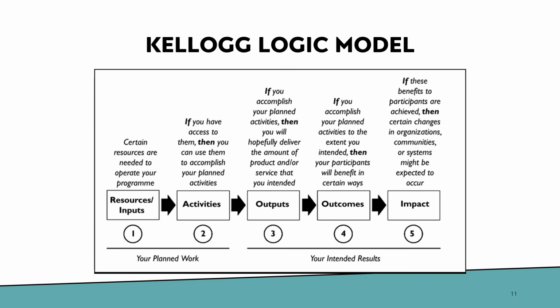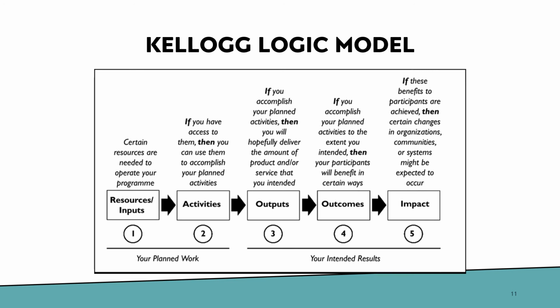The impact is if these benefits to participants are achieved, then certain changes in the organizations, communities, or systems might be expected to occur. So overall, the impact would be the community health workers helping people navigate to their appointments results in short-term outcomes. People don't miss as many appointments.